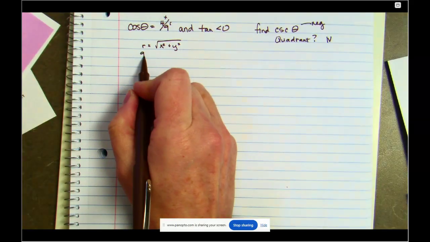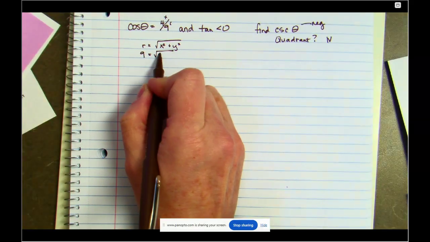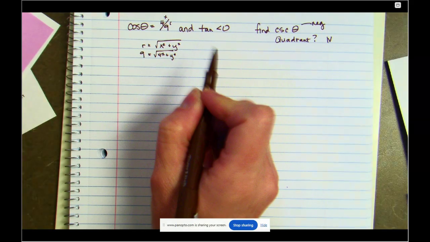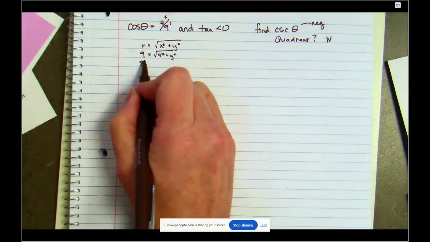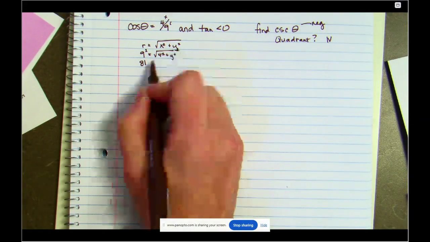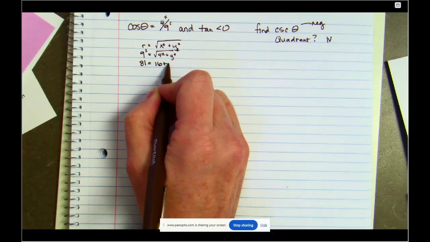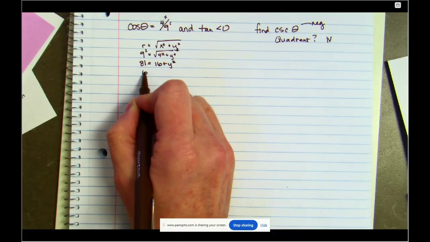So it's going to be 9 equals the square root of 4 squared plus y squared. First up, square both sides. 16 plus y squared. That's 65, yeah?